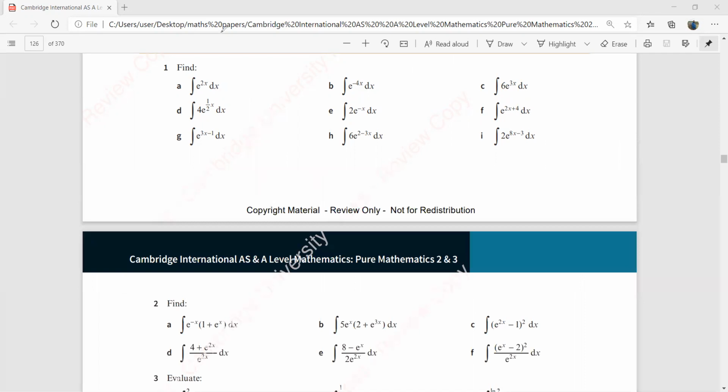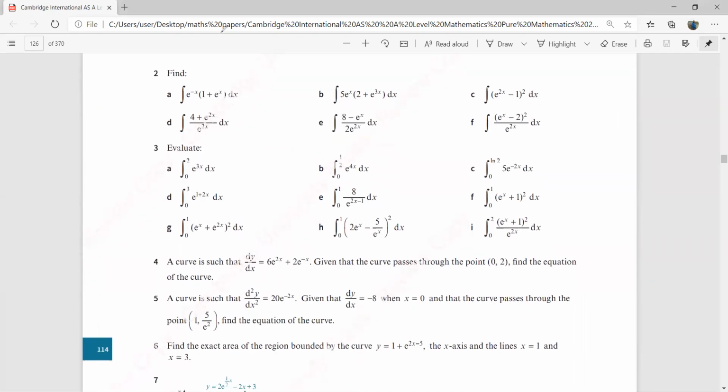See what, how would you be integrating over here? Again, we are not told how to integrate the powers. So in questions like these, you will expand them first. Like if you look at this 2a, you would be expanding this. E raised to minus x into 1 is e raised to minus x.